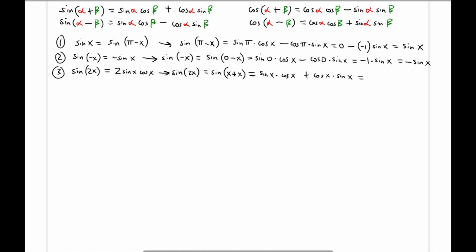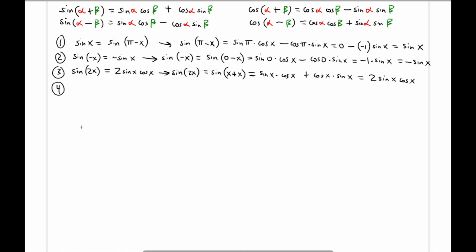Notice that the product is the same because multiplication is commutative. Cosine x times sine x is the same thing as sine x cosine x, right? It doesn't matter what the order is in a multiplication. These are two like terms. So if you add one sine x cosine x with another sine x cosine x, you get two sine x cosine x, right? So you've successfully proved it using the angle addition formula.